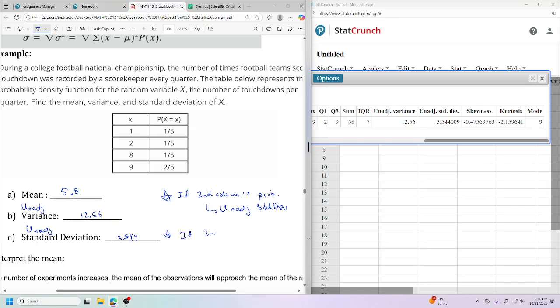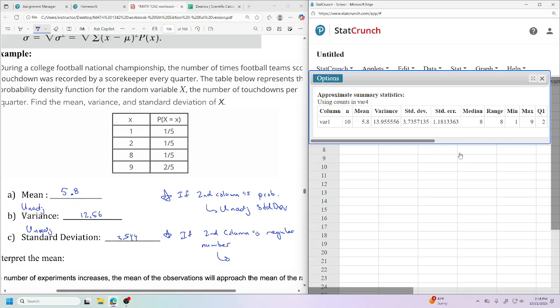If the second column is just regular numbers, then you just need to use the not unadjusted, the original, the regular standard deviation.